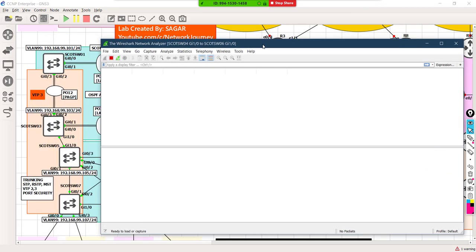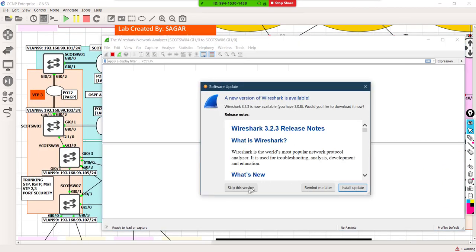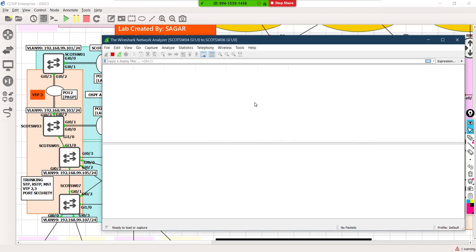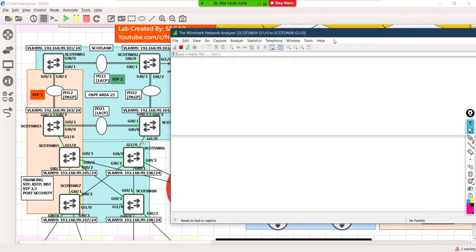So this is Wireshark. What Wireshark basically is, it's a packet sniffing tool. So whatever packet is being taken out or coming into a switch can be seen on the Wireshark.